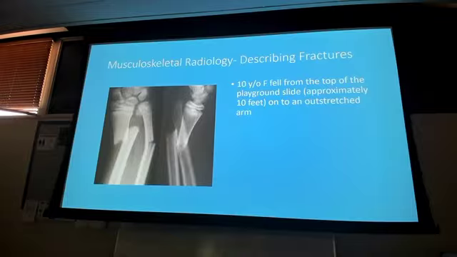Medial angulation, yeah, the medial angulation, yep. It's a little bit tricky. We'll go back to simple versus comminuted in a minute. What else? What other abnormality can we use to describe this? Does anybody see a Salter-Harris on here?